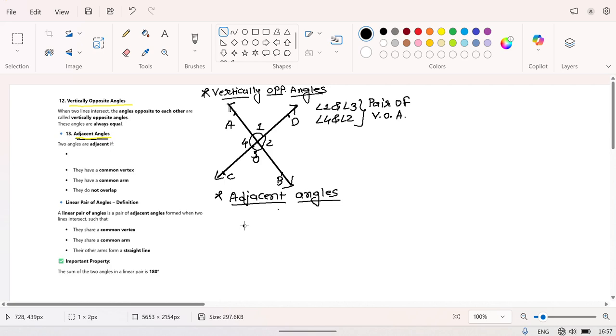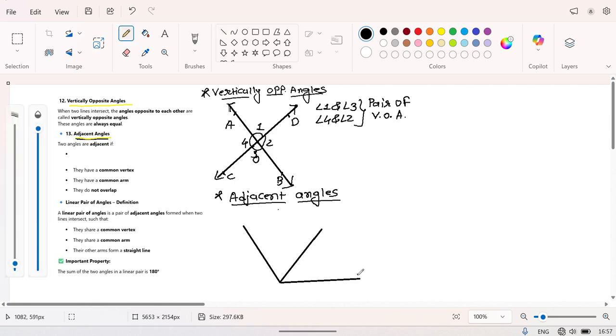Adjacent angles basically means that if two angles come consecutively, let's suppose these two angles, this is A, this is B, this is C, and this is D. Here this is angle 1 and this is angle 2.